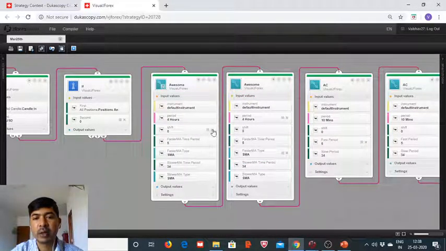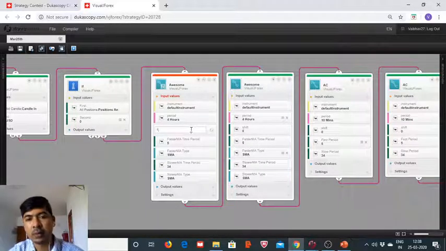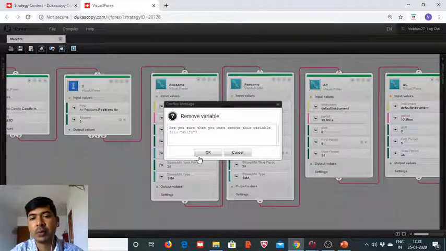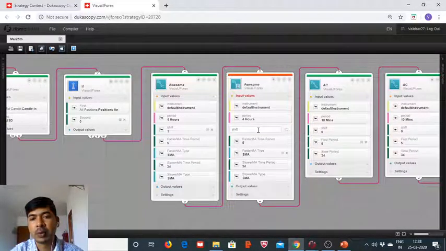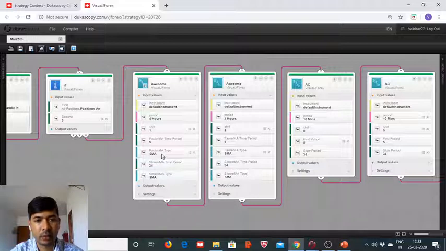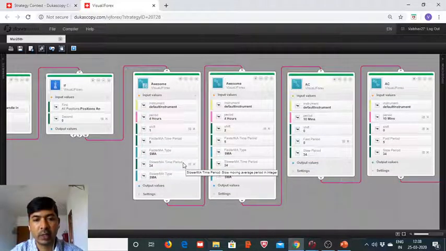Shift 1, last candle closed. Again shift 2, the candle prior to the last candle, penultimate candle. These are default setups, we let it remain as it is.